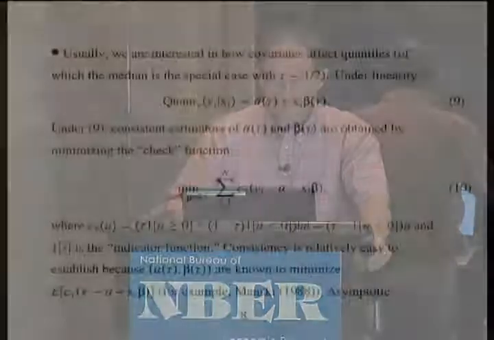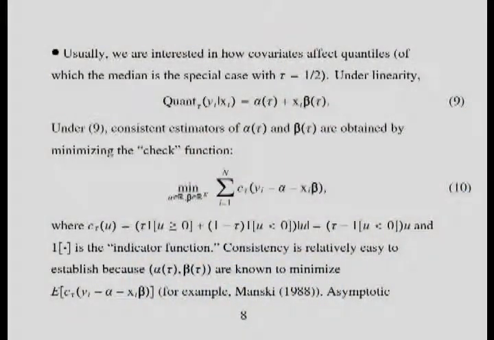Okay, so let's talk a little more generally about quantile estimation. Remember, generally this is the definition of a quantile. If we focus on the continuous case, then we'll just say the probability that y_i is less than q of tau is equal to tau. So what does quantile estimation do?